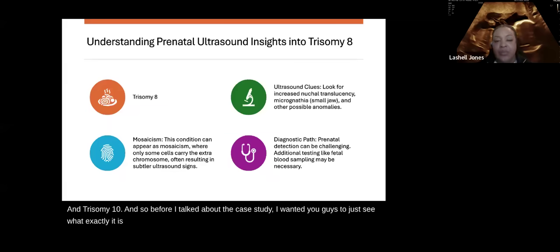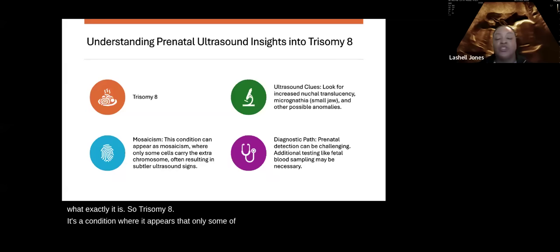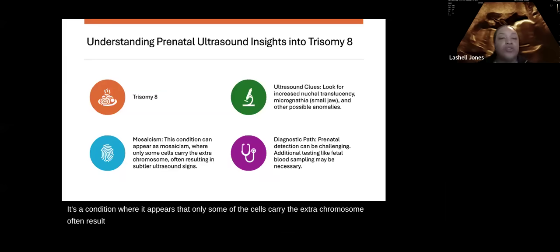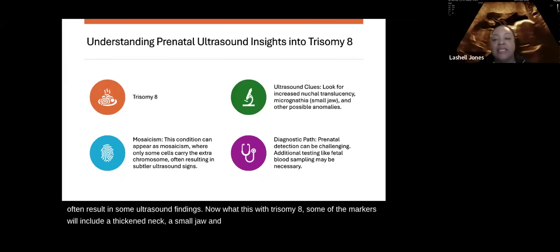So trisomy 8 is a condition where it appears that only some of the cells carry the extra chromosome, often resulting in some ultrasound findings. Now, with trisomy 8, some of the markers will include a thickened neck, a small jaw, and other possible anomalies.